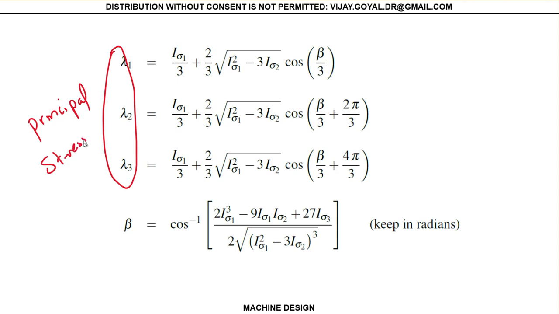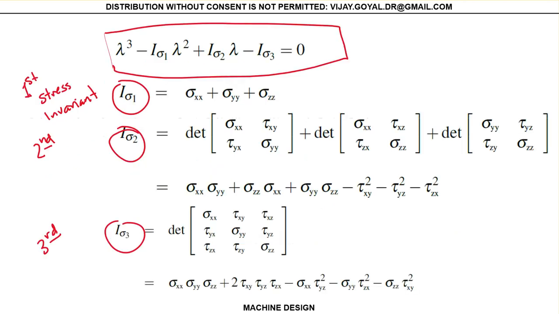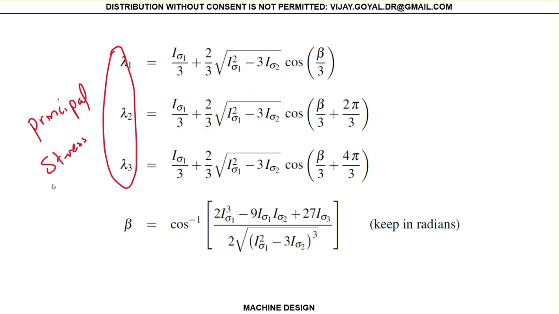And I want you to think for a moment. If this equation is all a function of stress invariants, then what can I say about my principal stresses? This is invariant, this is invariant, this is invariant, and this beta is all a function of invariant stresses, so this is invariant.